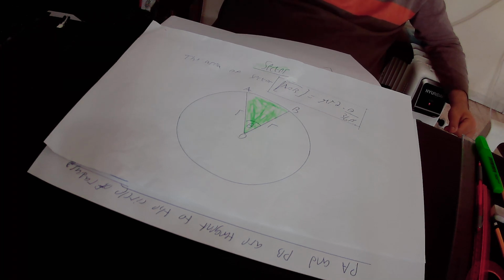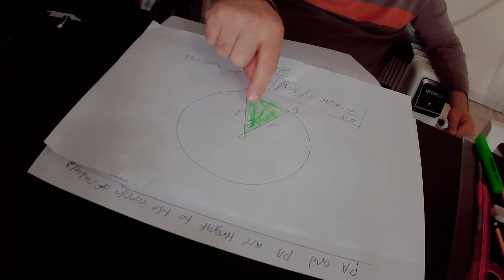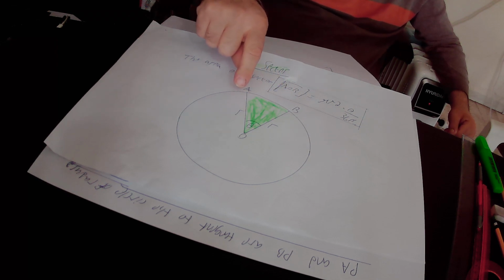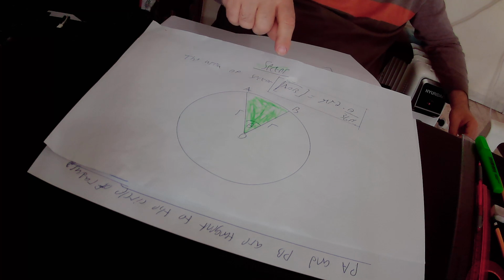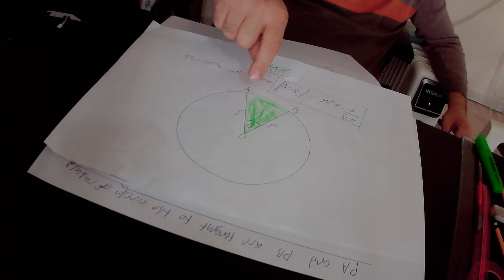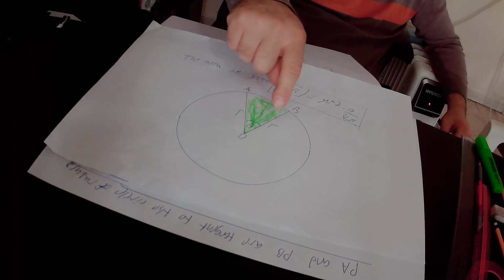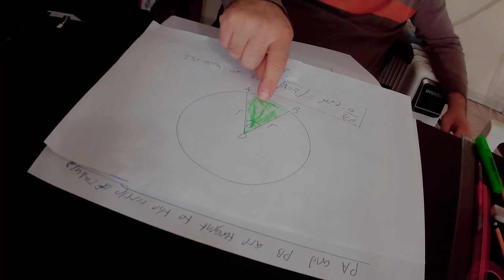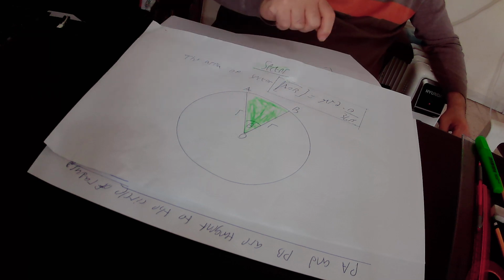The sector AOB consists of 2 legs, the first leg AO and the second leg BO. They are both radii of this circle, R, therefore they are equal to each other. It also consists of the arc AB between those two radii. And angle theta is the angle between the 2 legs AO and BO.